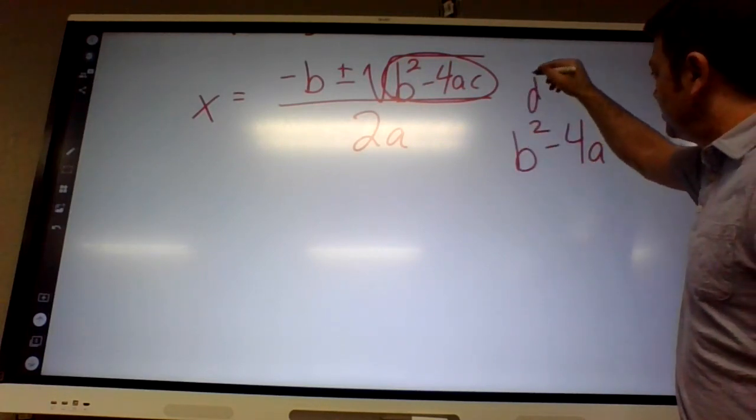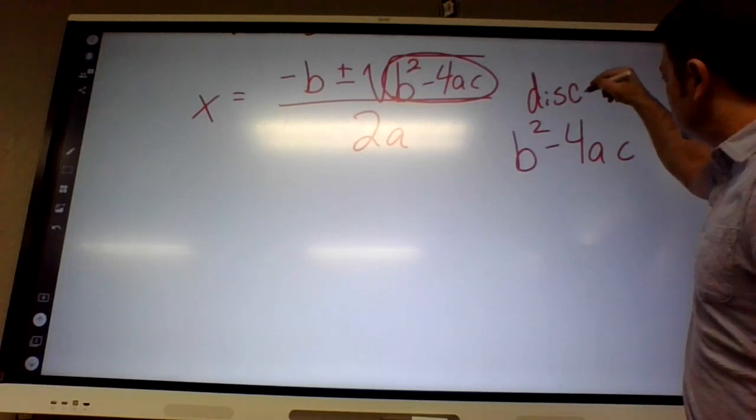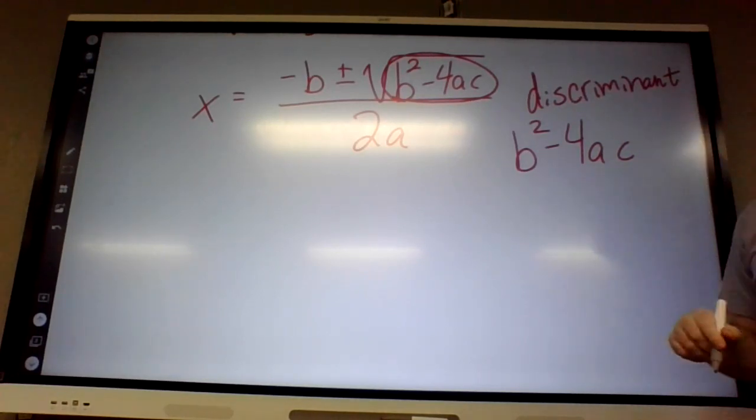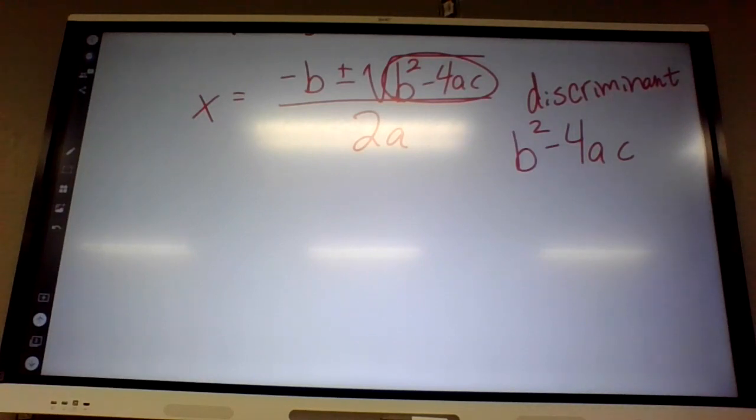Do you guys know what the root word of discriminant is? Discriminate. Okay, discriminate doesn't necessarily mean bad things. Discriminate means to tell the difference between. So it's often linked with racism, because you're not supposed to say black or white, can't do this, can't do that.